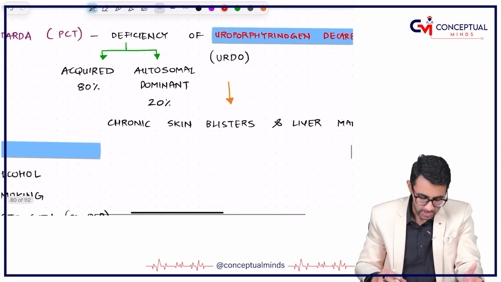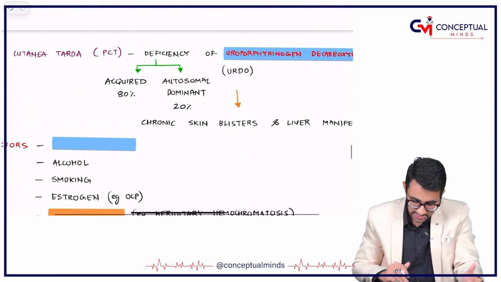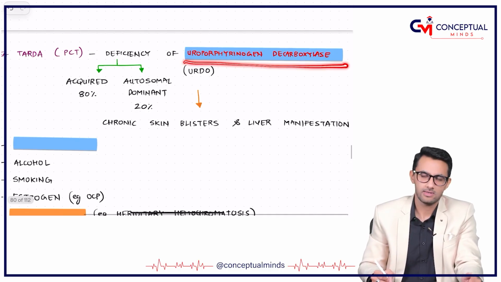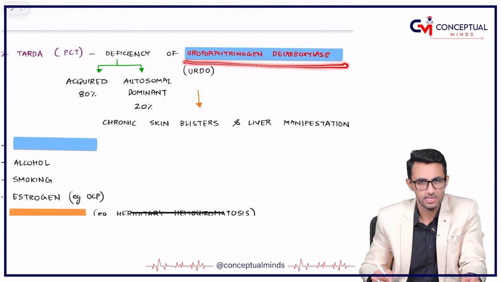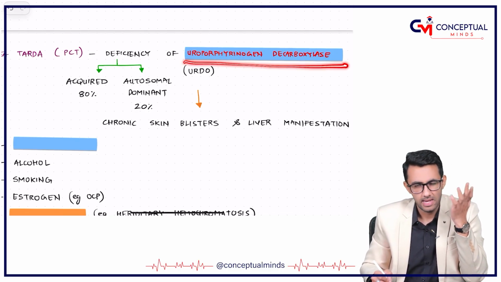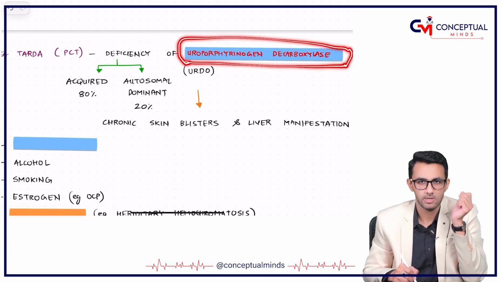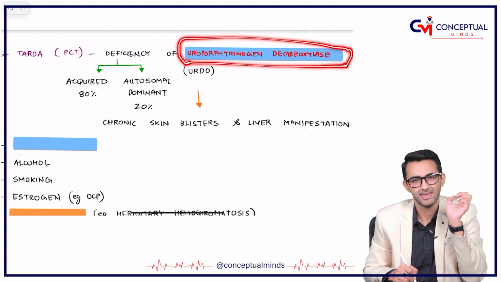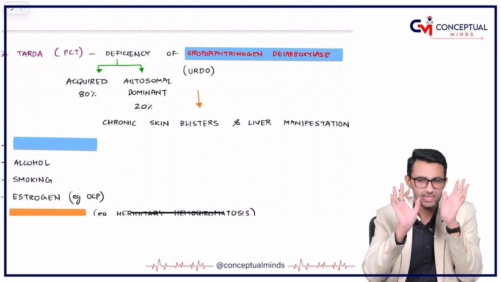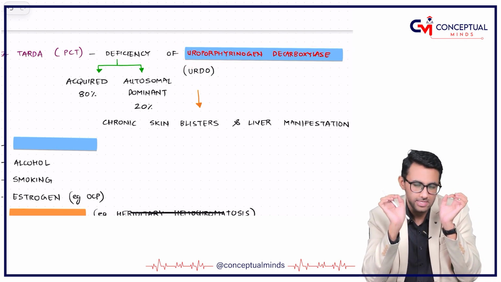The main point that we have to focus on is this: if you don't remember anything else in the chapter, it's absolutely fine, but if you don't remember this one point, there will be a problem. So UROD is the enzyme which is absent in this chapter.